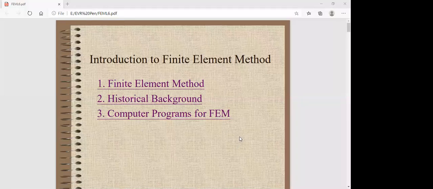Previously in unit 1, we discussed certain methods which are the principle of minimum potential energy, Galerkin's method, and Rayleigh-Ritz method. Those are the basic methods to the finite element method. So in today's class, we will discuss the definition of the finite element method, and what are the procedure steps involved in this method.